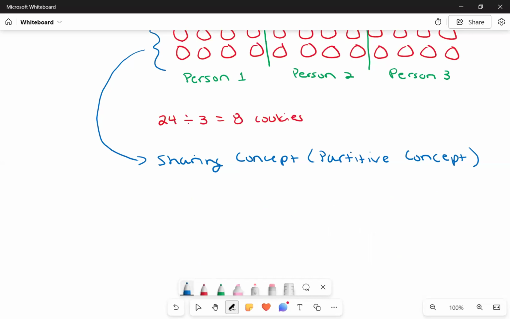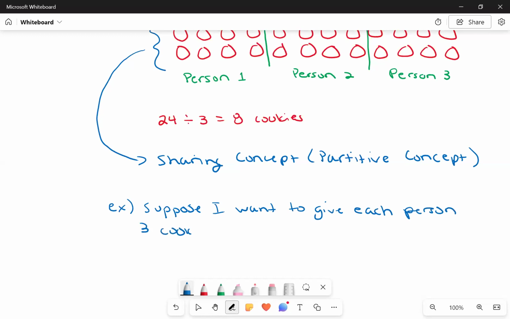There is another example that uses the same idea, but I'm going to reword the example a little bit for this type of concept. So suppose instead I don't want to divide among 3 people. Let's say this time I want to give each person 3 cookies.